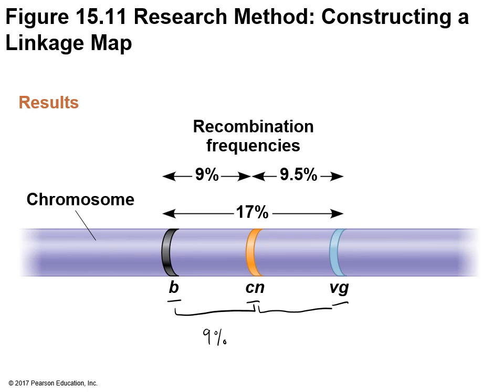Between CN and VG is 9.5%. And between B and VG, we just add them together. Okay, so it's around 17%. So it's just an approximation.